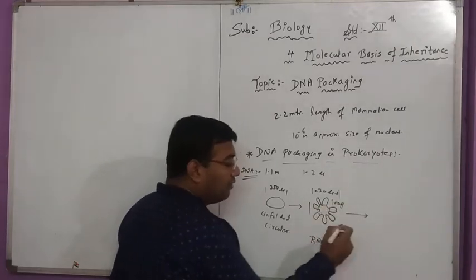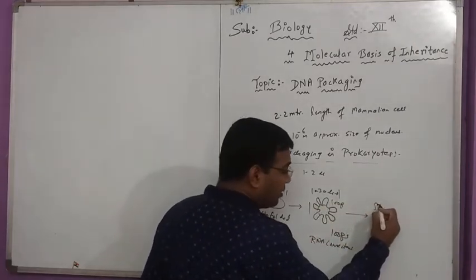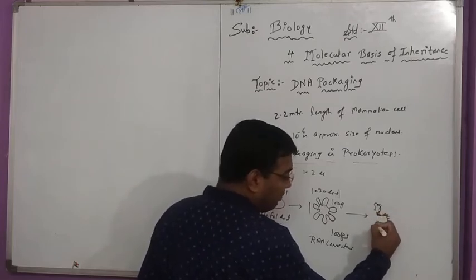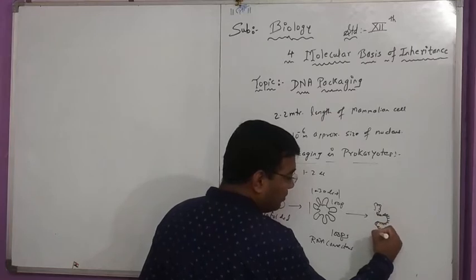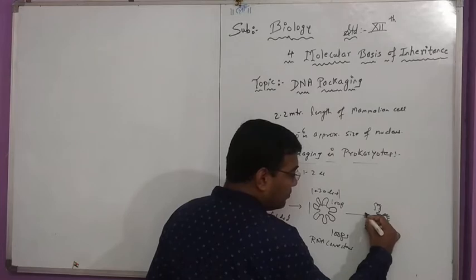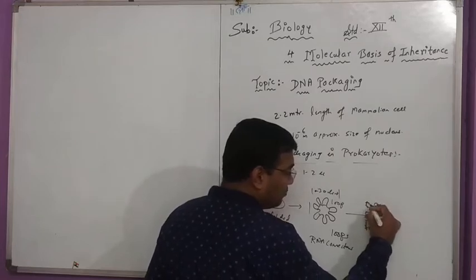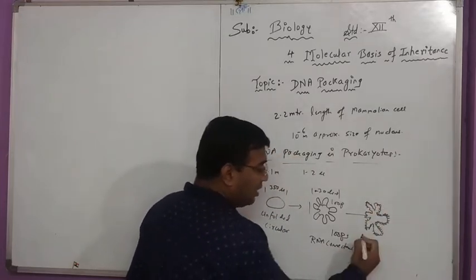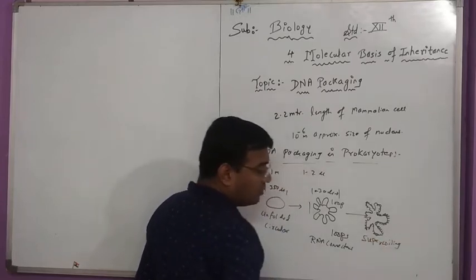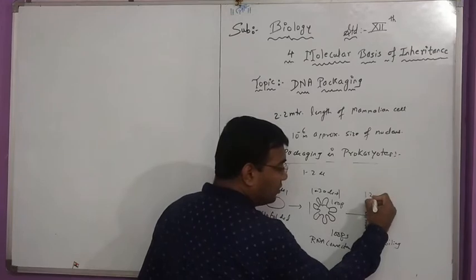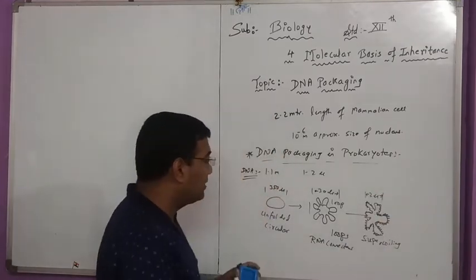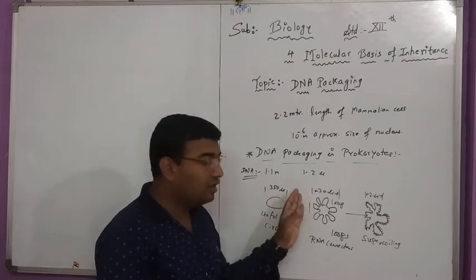And later, when the coiling starts taking place, it is called supercoiling. So the size is reduced to 2 microns. This is the difference: the size has reduced from 350 to 30, and from 30 to 2 microns.